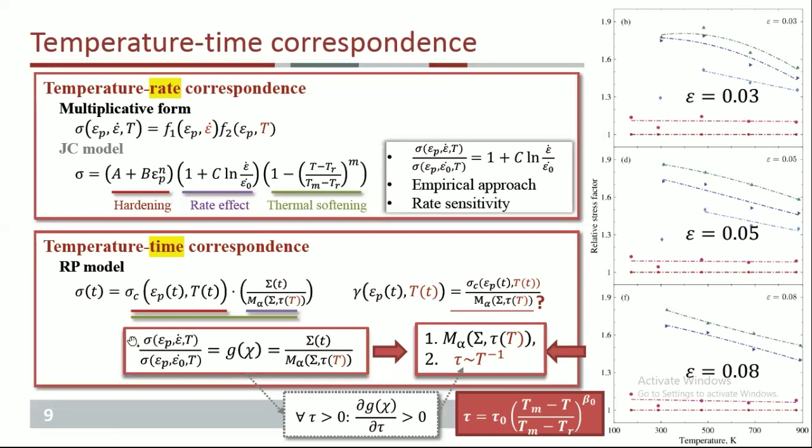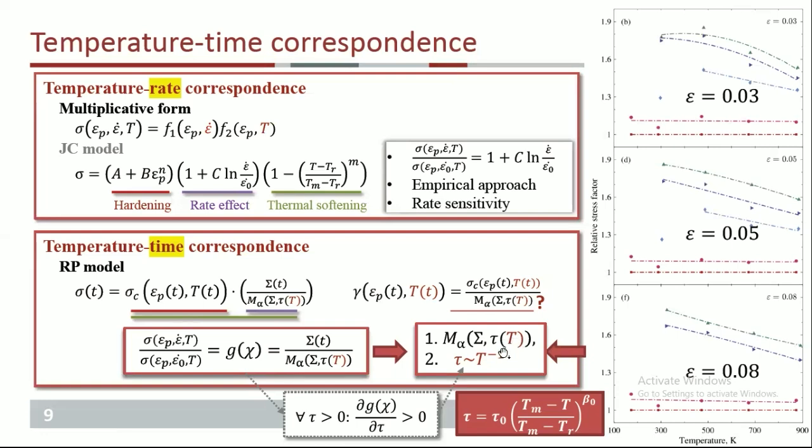Because in the RP model, this relative stress factor is determined by the function g, which is also equal to the second multiplier of the model. Therefore, this function g, and thereby the relaxation time parameter, shall be temperature dependent. And this indicates the existence of the temperature-time correspondence.